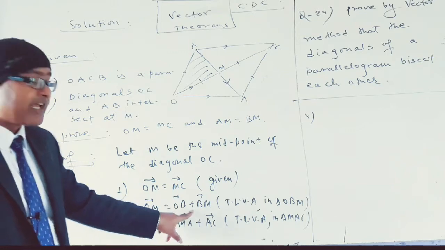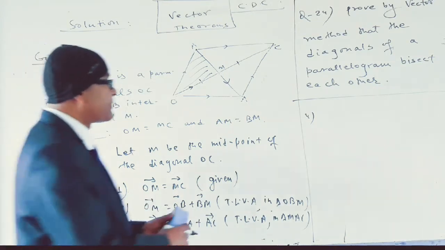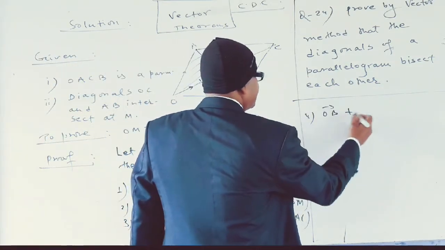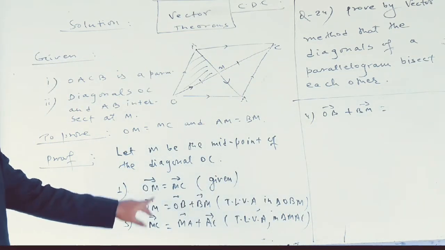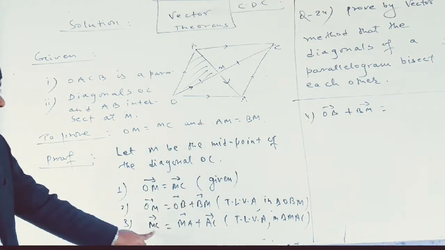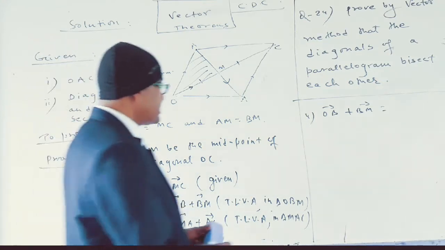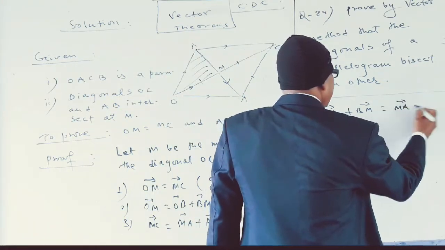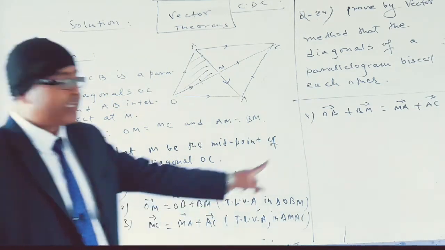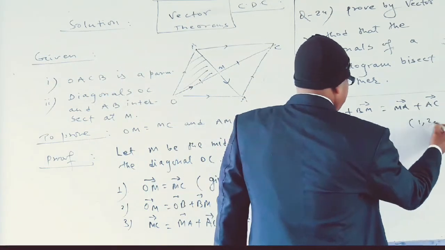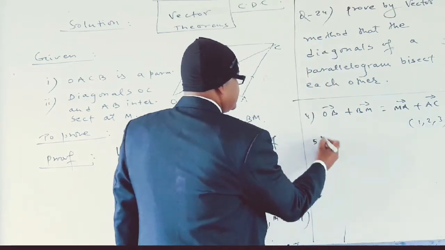The value of vector OM is OB plus BM, and the value of vector MC is MA plus AC. So by combining statements 1, 2 and 3, we get statement 4.